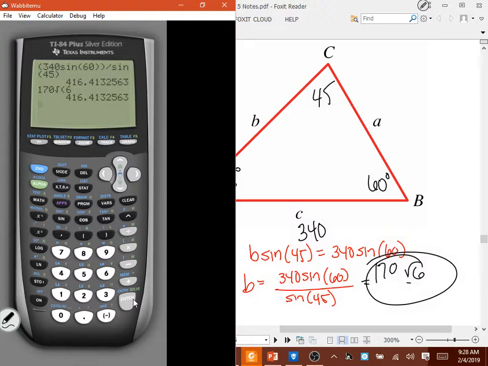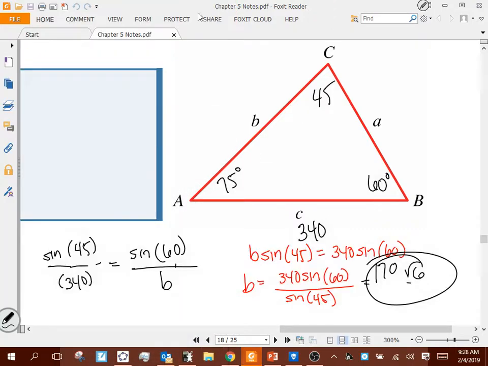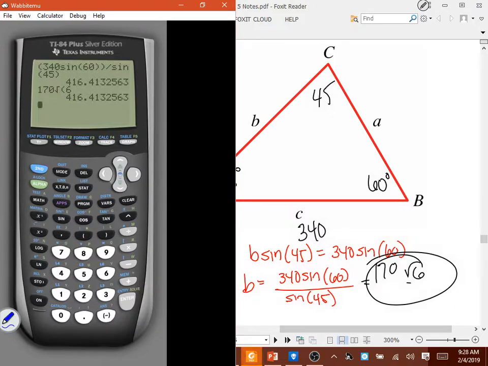When I want to solve for A, I'm going to use the law of sines again. Let's think about our options. We just found B to equal 416.413.